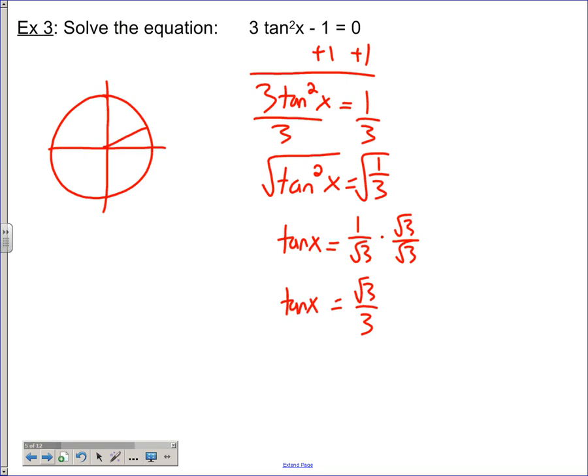So that unit circle value is at the angle pi over 6, and also at 7 pi over 6. Now there's something that I want us to think about.